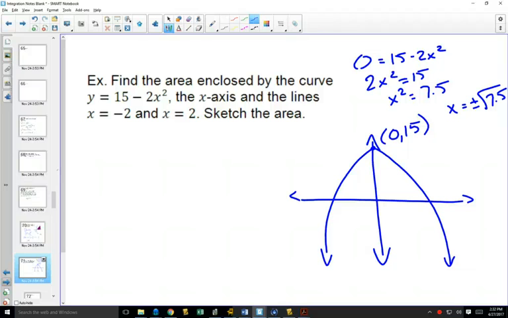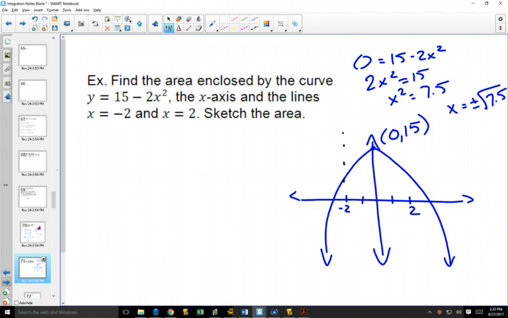What's important about that is not that we can do that with mental math and know what exactly the square root of 7.5 is, but what is important is that we know that that number is bigger than 2. Square root of 4 is 2. And that's important in this case because we're asked to find from negative 2 to 2.